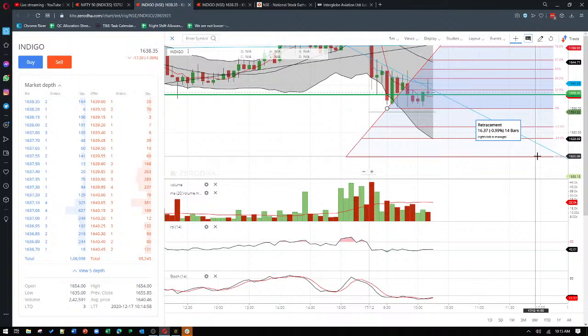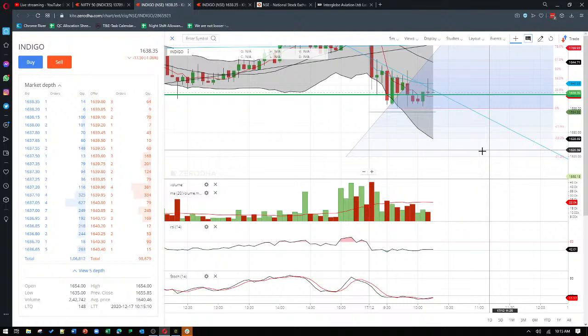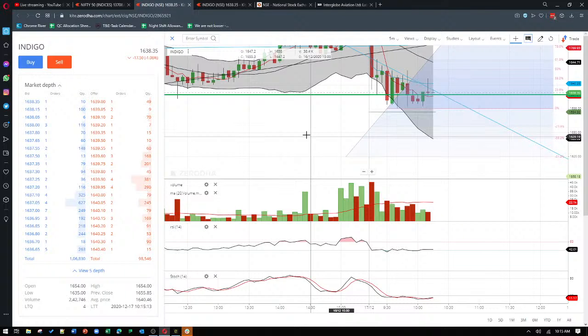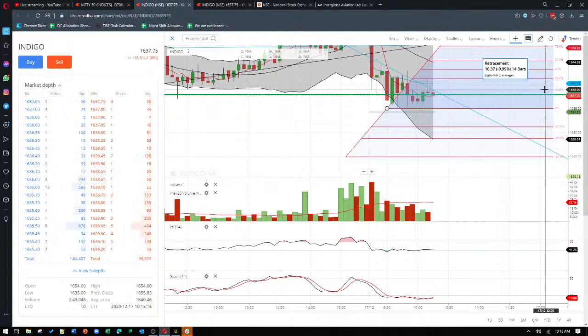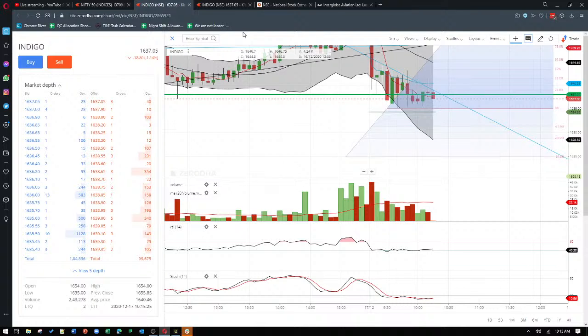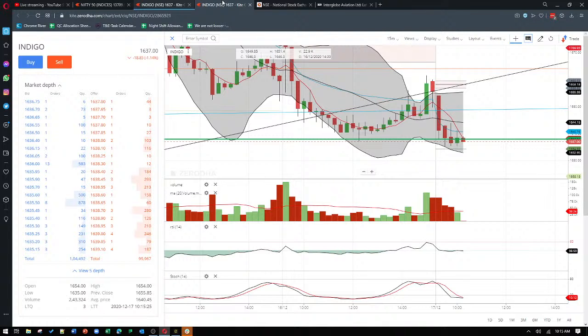Okay, so the last 5-minute candle did close, and it closed below 23.6. Let us see how this is working out at 15 minutes.